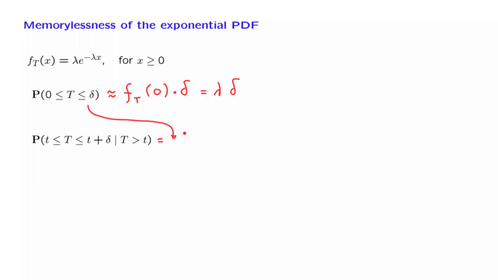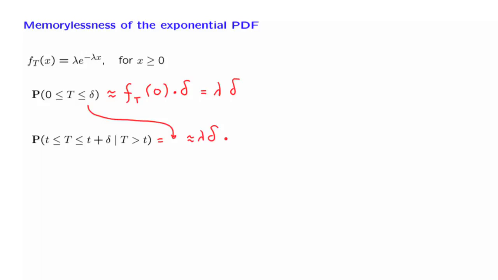And so this is also approximately equal to lambda delta. So we see that independently of how long a light bulb has been alive, during the next delta time units, it will have a lambda delta probability of failing.